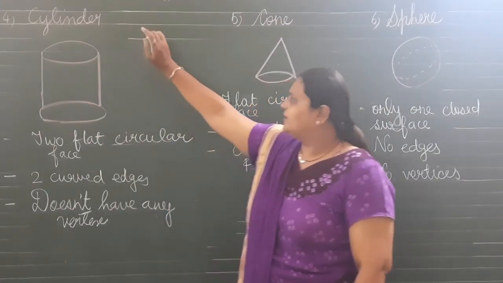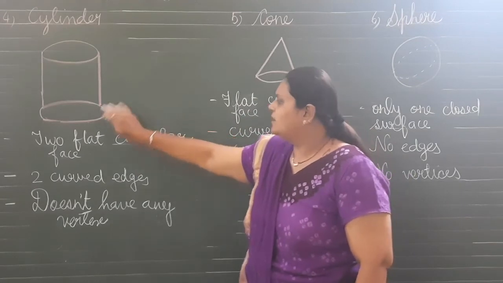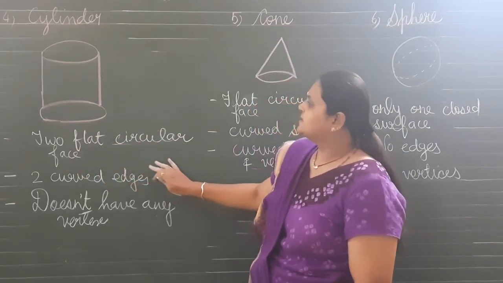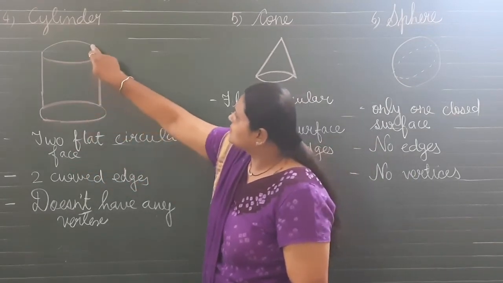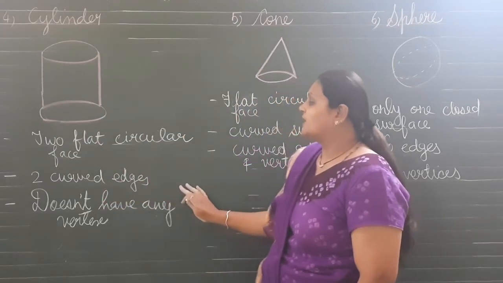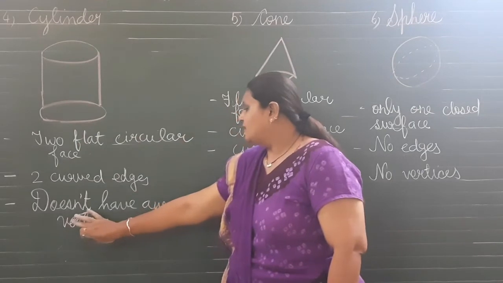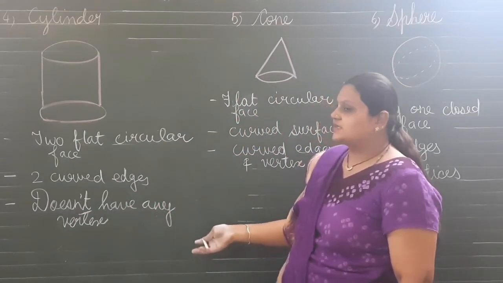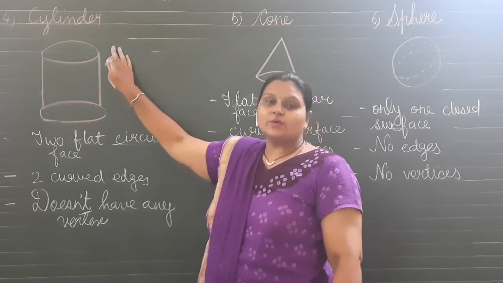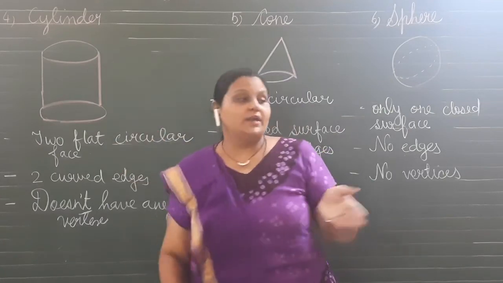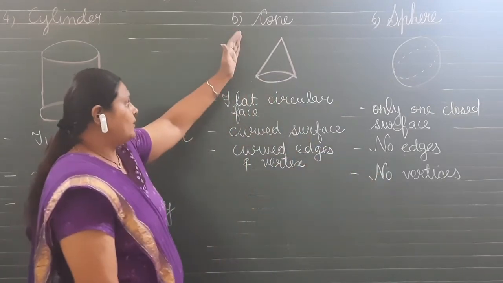Next is cylinder. This is the shape of a cylinder. It has 2 flat circular faces. These are the circular faces, and 2 curved edges. These are the 2 curved edges, and it does not have any vertex because it is circular. Next is cone.